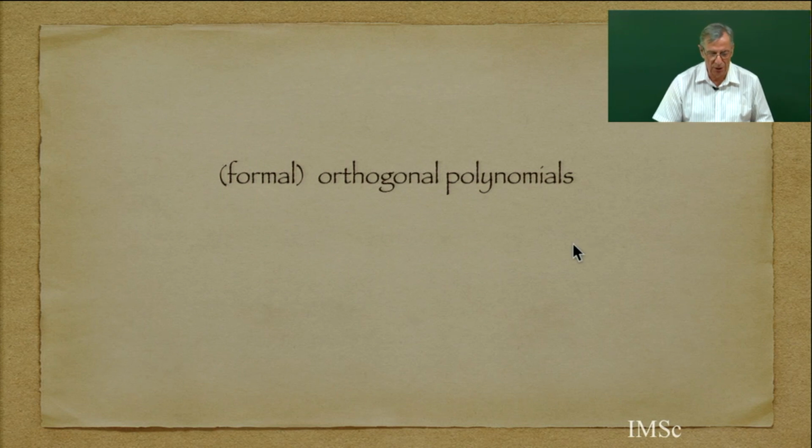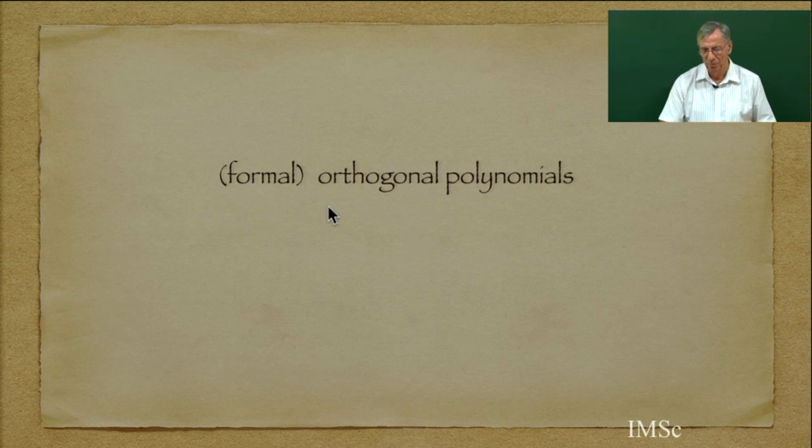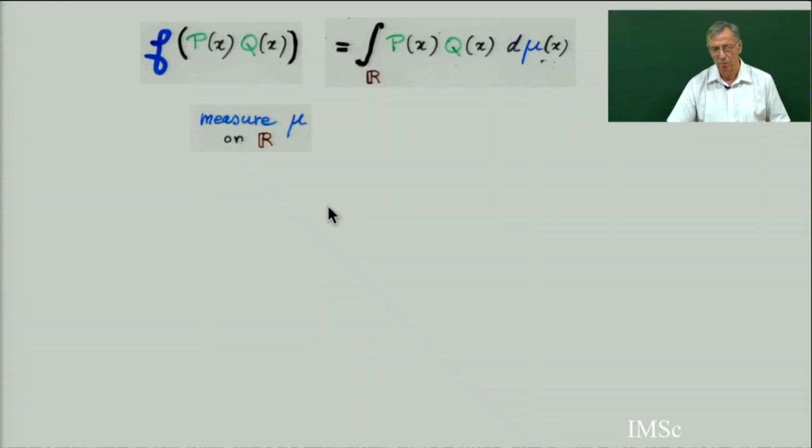So now the main definition is the definition of formal orthogonal polynomials in a formal way. Classically, in analysis, polynomials are on the real numbers, sometimes even the complex numbers, and the orthogonality is related to the scalar product of two polynomials, where d mu is a certain measure on the real numbers. The integral may be finite, may be infinite.